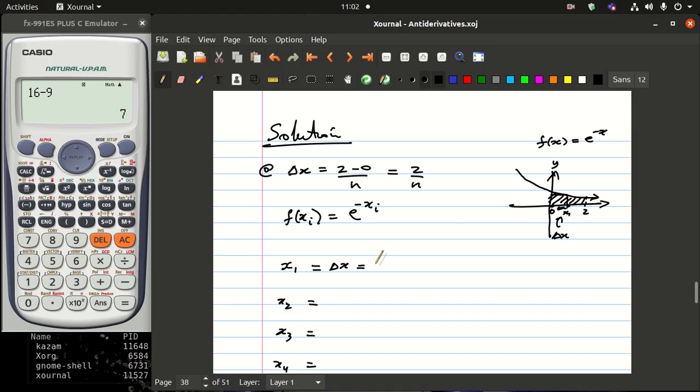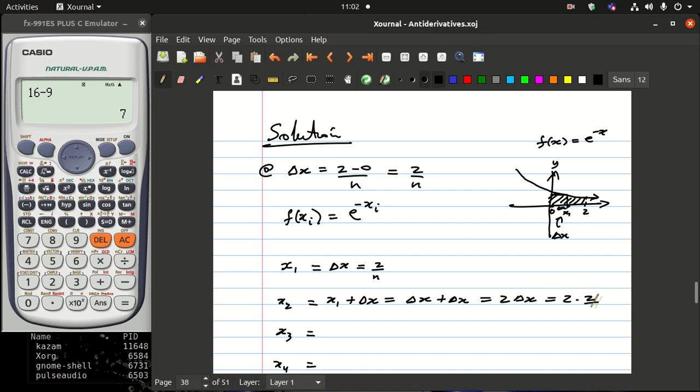And delta x, we know, is 2 over n. And then x2, moving from x1, is going to be x1 plus delta x, which is delta x plus delta x, which is the same as 2 times delta x, which is the same as 2 times, what is delta x?